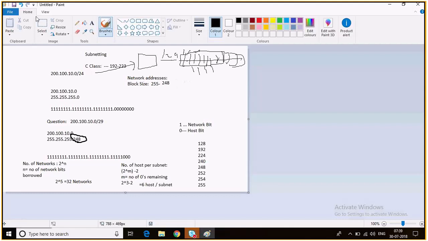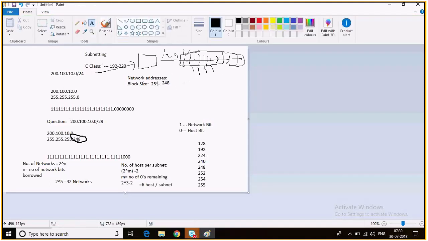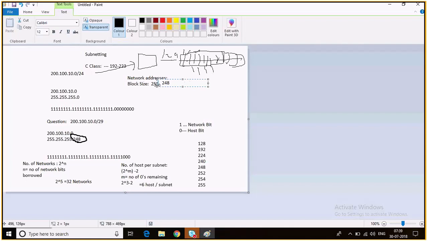So what do I get after this? Sorry, the subtraction is not from 255, it's from 256. So I'll write it once again.